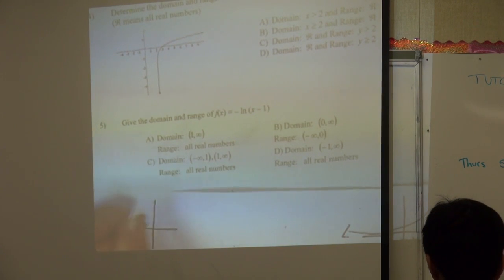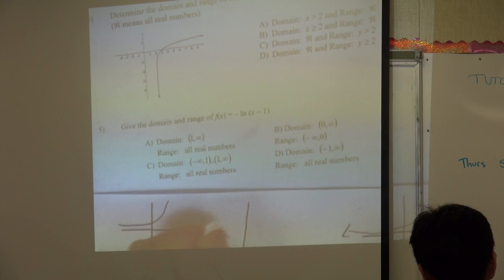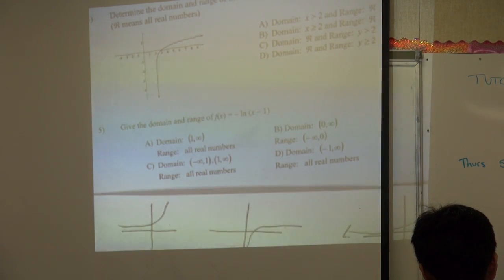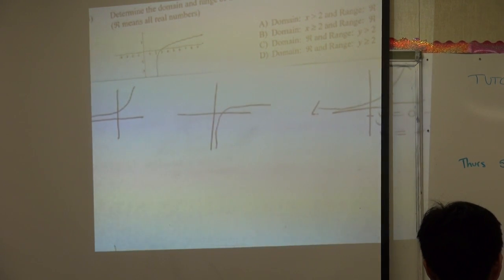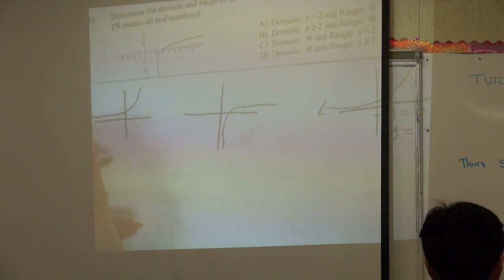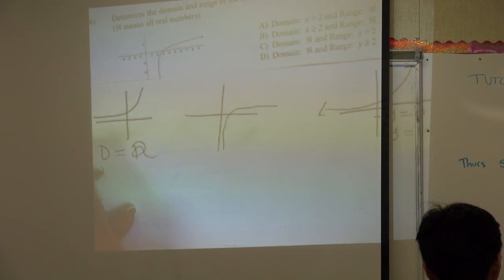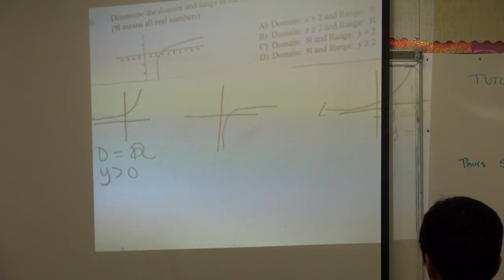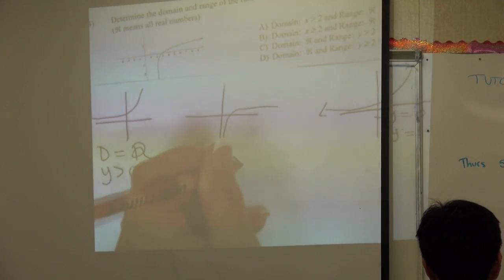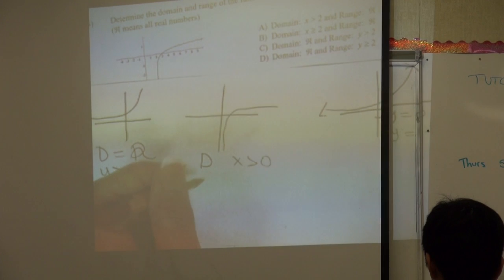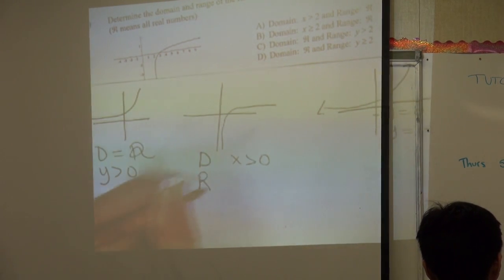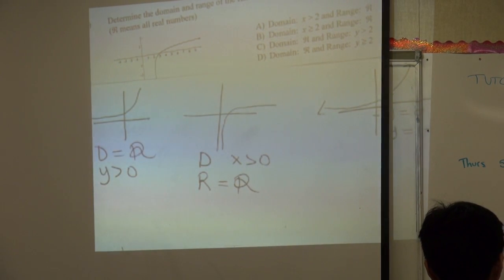You know that this is an exponential function and this is a logarithmic function. You know that an exponential function has a domain of all real numbers and a range of y is greater than 0. And you know that a logarithmic function is the reverse. So it's the domain that is x is greater than 0, and it is the range that is all real numbers.